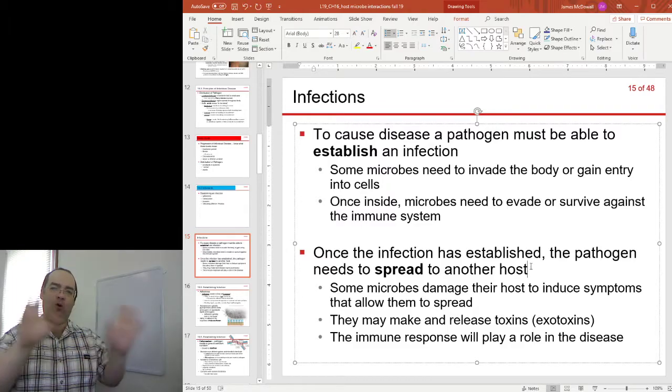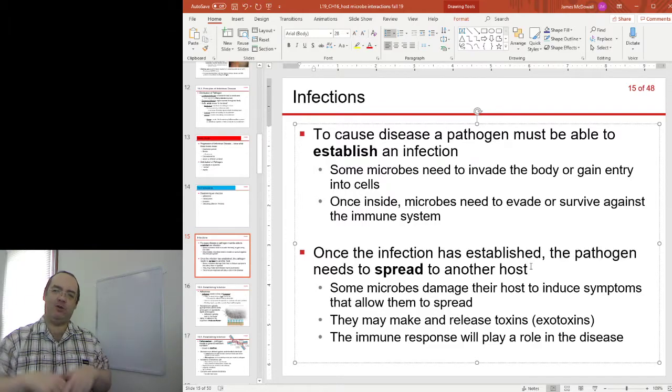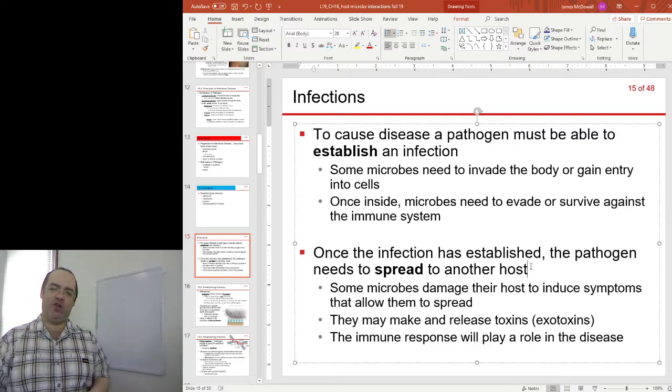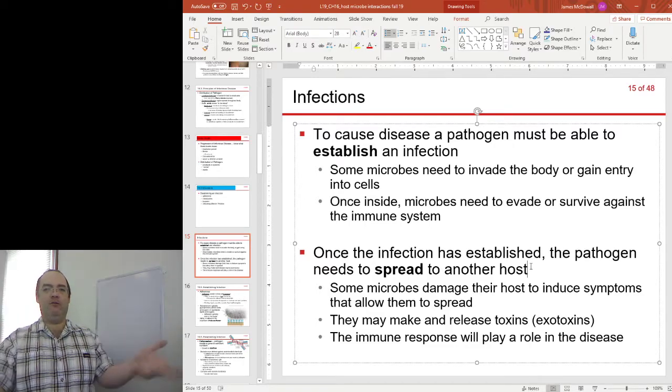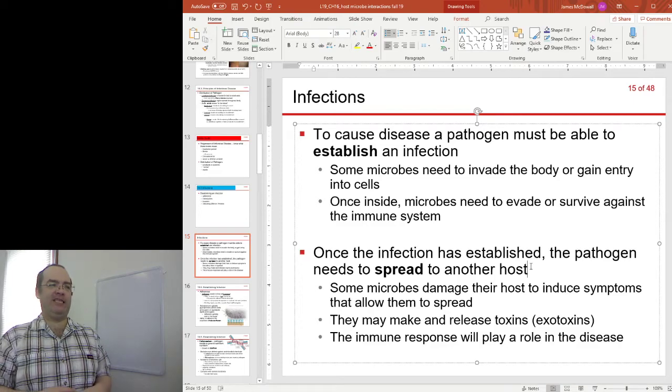Bacteria, on a more organism level, they get into one human, they colonize, make more of themselves, and then they want to get out of that human into a new human, and maybe into more than one human. And then they will make more bacteria, and they'll spread to more humans, and they'll make more bacteria. So it's about getting in, making more of yourself, and moving on.